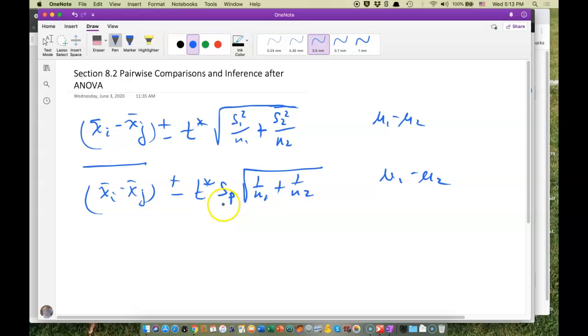But in the ANOVA case, this is going to be based on k groups. Why? Because we get a better estimate of the standard deviation by pooling them all together. And that's what we talked about with the MSE as part of the analysis, the mean square error. So this is the approach that we would use for Fisher's LSD.